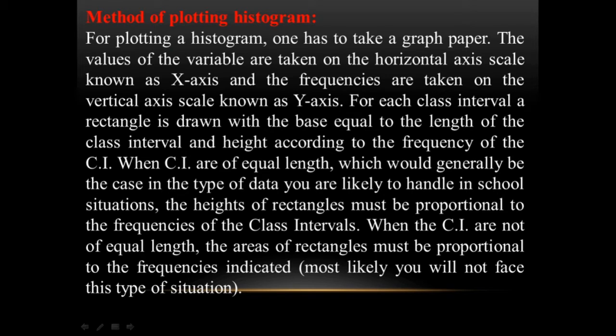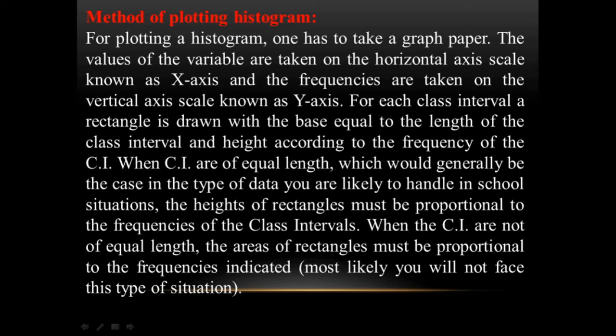When class intervals are of equal length, which would generally be the case in the type of data you are likely to handle in school situations, the heights of the rectangles must be proportional to the frequencies of the class intervals.